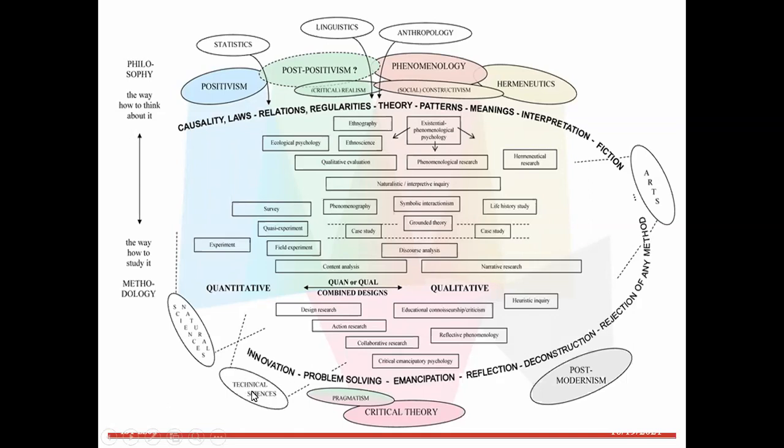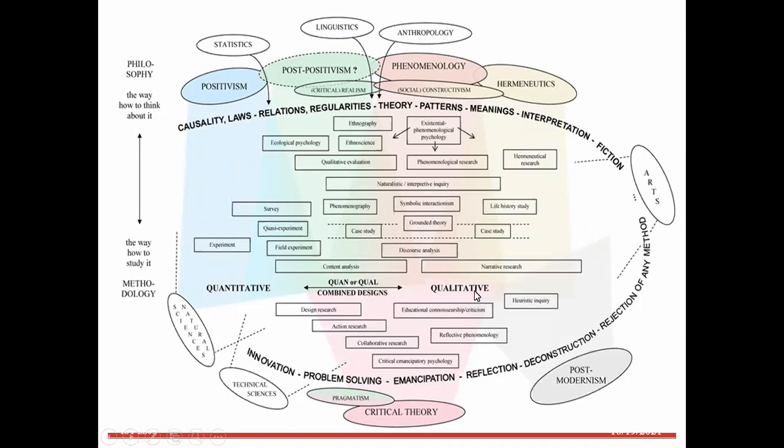This is under the technical sciences. And if you follow these arrows or these dotted lines, it ends up here, combined designs, Quan or Qual. So here we use a mixed methodology that combines both qualitative and quantitative ways of doing work.